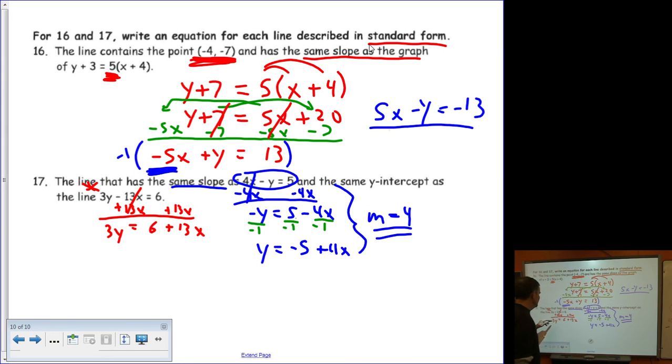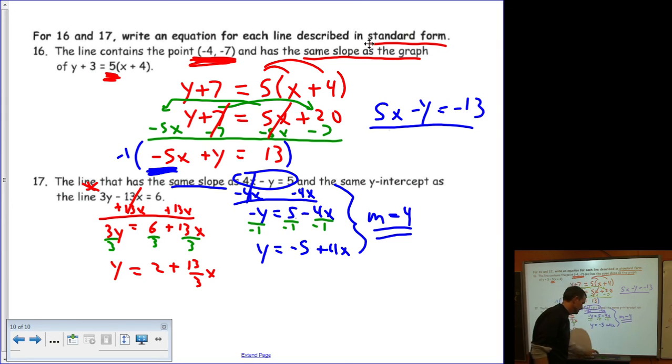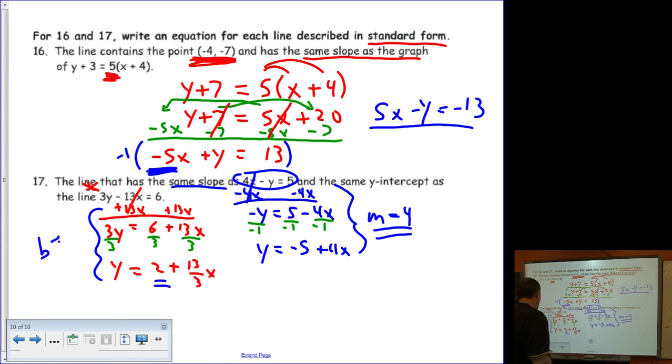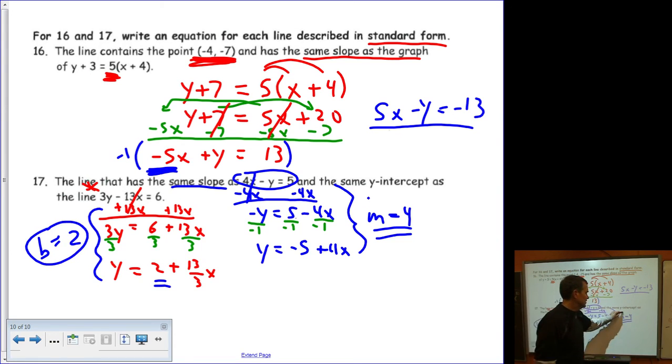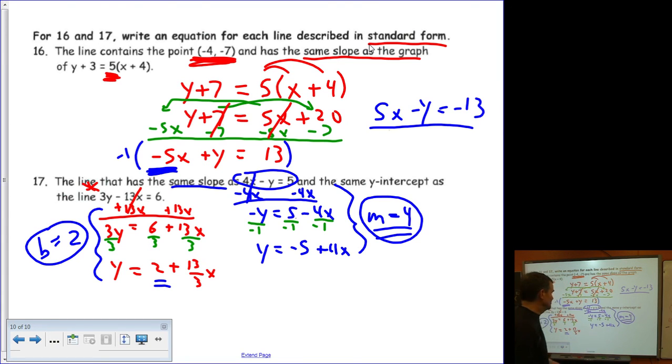Then I'm going to go ahead and divide by 3 so that I get y equals 2 plus 13/3 x. Well, all I really care about here is the y-intercept, right? This line has a y-intercept of 2. So now I know my slope, and I know my y-intercept. Now I can write the equation for my line.